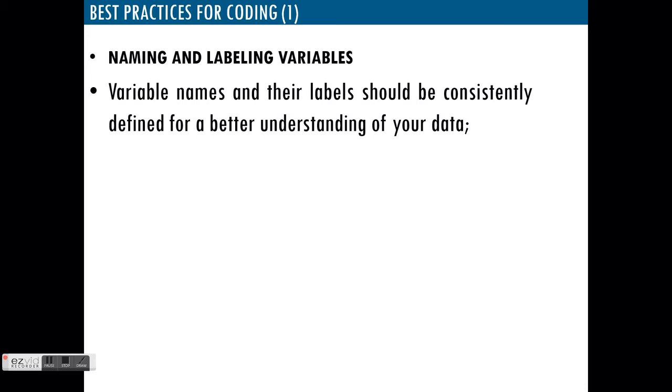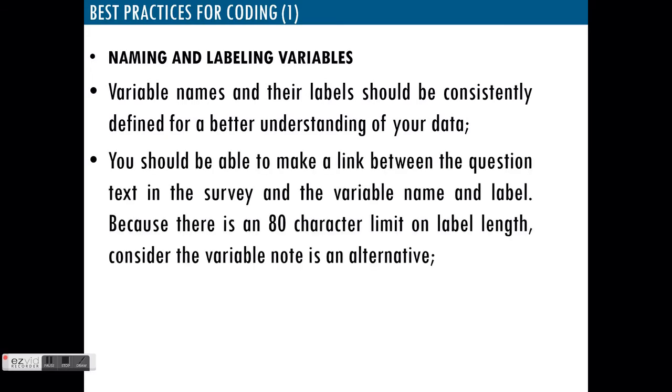And you should also be able to make, as I was already saying, a clear link between the name that you're giving to the variable, or the label that you're giving to the variable, to the name of the variable in the questionnaire that you're using. And in Stata, for instance, I was giving the example, you have the TOTY variable in your KIHS file, which is the total number of expenses, right?